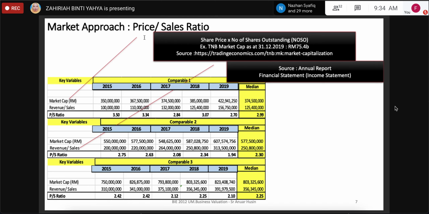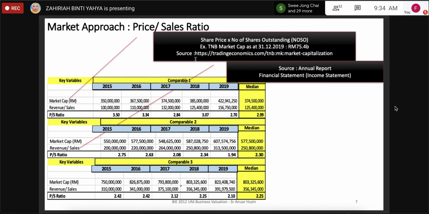Because besides this ratio, there are other ratios, right? Yes. But you have to put justification why you take this ratio and use it as comparison.